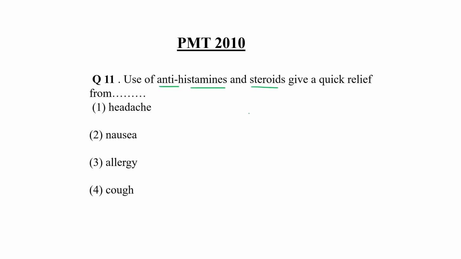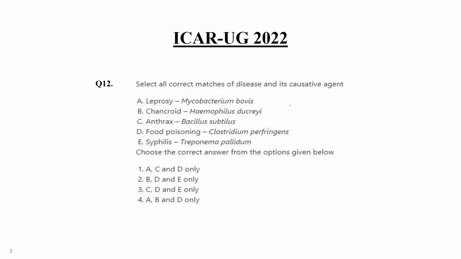Histamine is mainly responsible for what? It is responsible for allergic reaction. So if a doctor prescribes antihistamine just to slow down the allergic reactions, it actually gives quick relief from any kind of allergy if someone is having. So the right answer would be choice number 3.